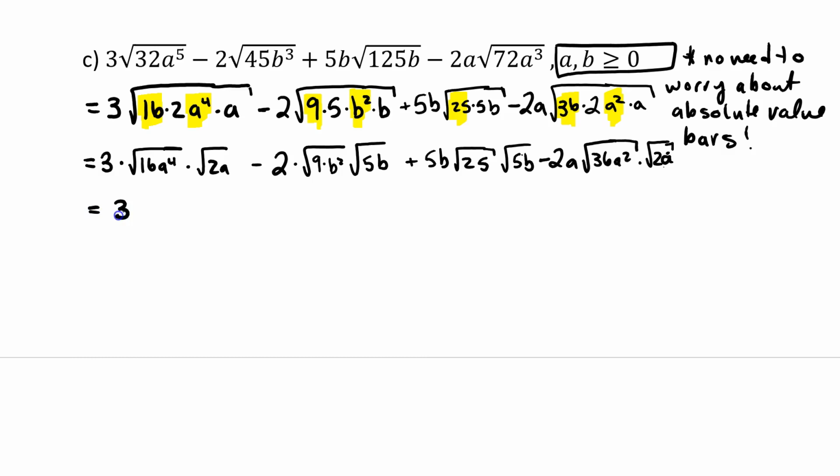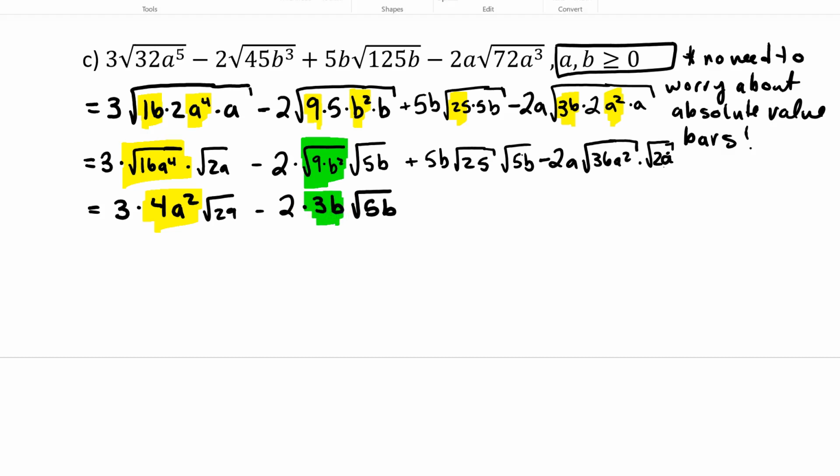So I'm seeing 3 times 4a squared. I'm just going to say here that 16a to the 4 is the same thing as 4a squared, root 2a, minus 2 times 3b, root 5b, and I'm going to color this with a different marker. I'm saying that root 9b squared is the same thing as 3b.